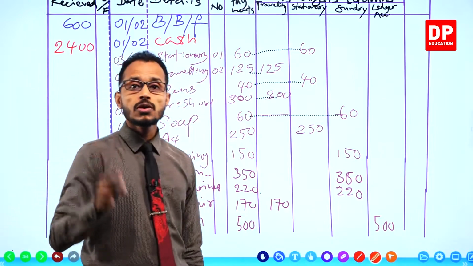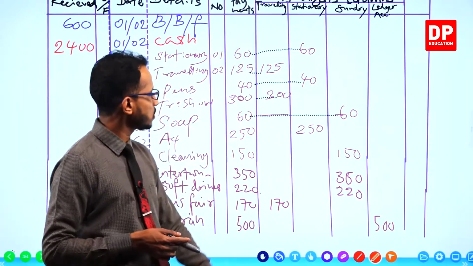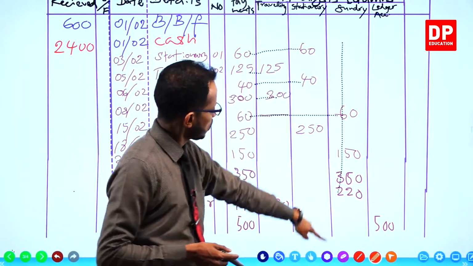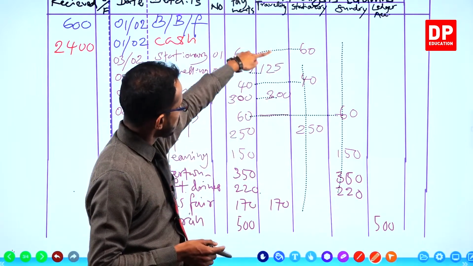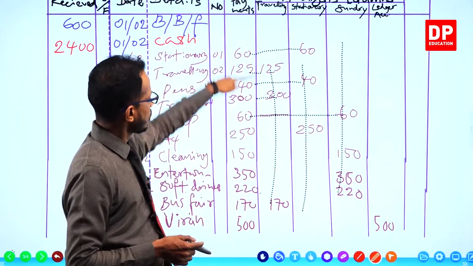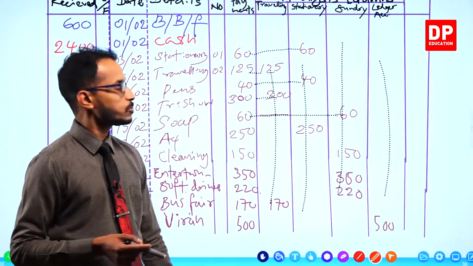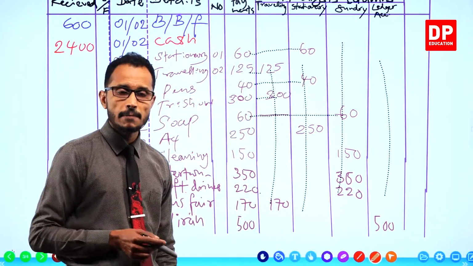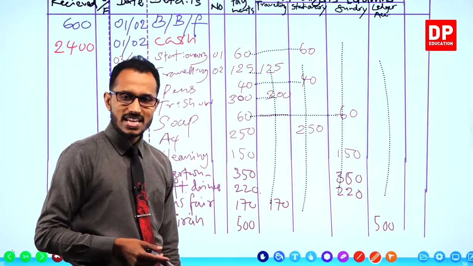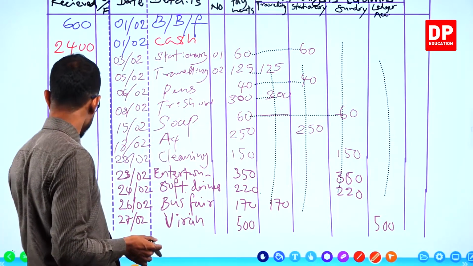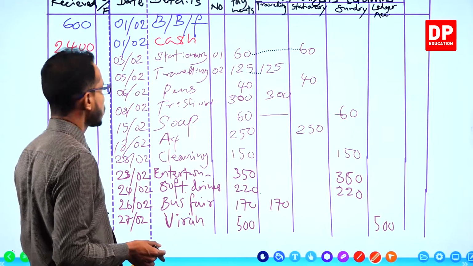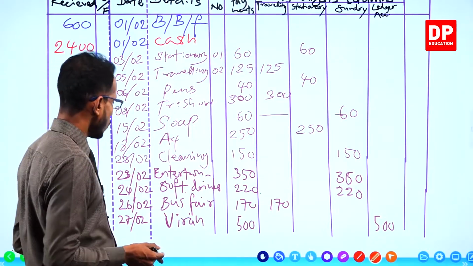First, we have to total all the analysis columns. All the analysis columns should be totaled first. We'll sum up the analysis columns. Here we go.